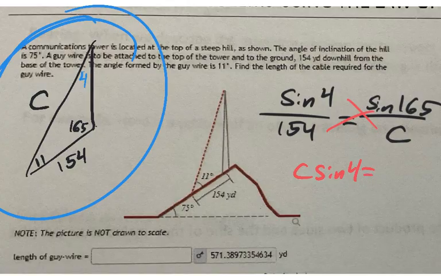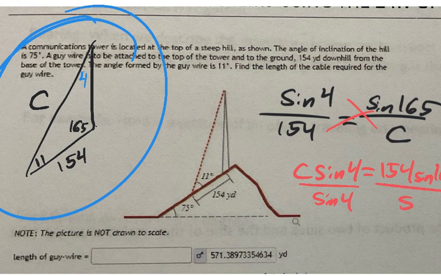C times sine of 4 equals 154 sine of 165. Divide by sine of 4. So C equals, you can just type that in, but I'm really hoping you get that number.